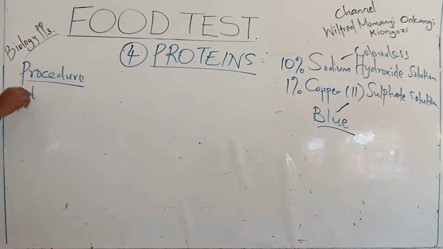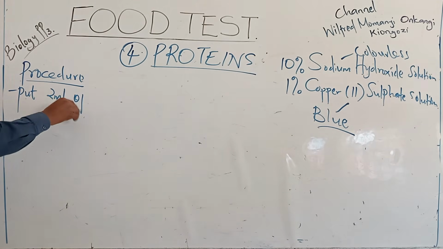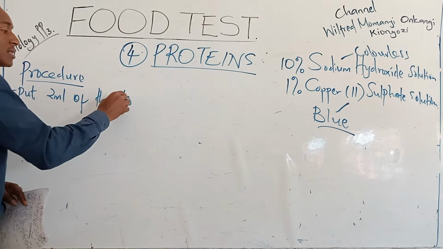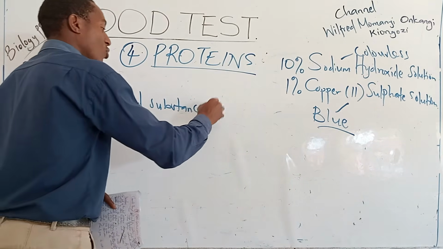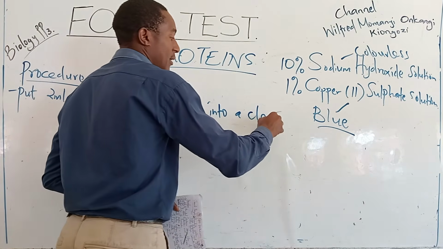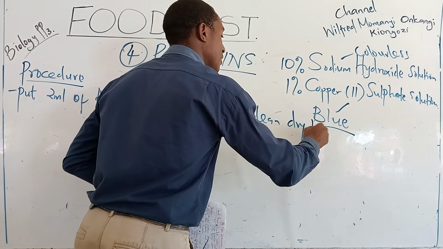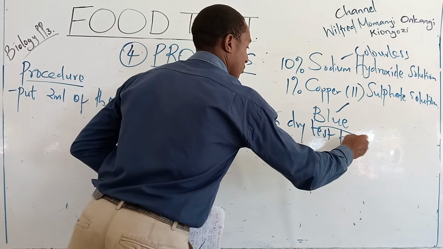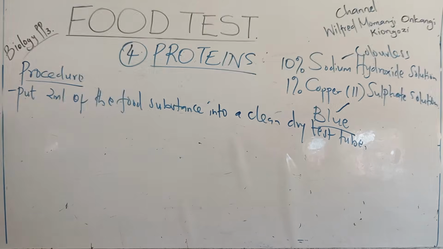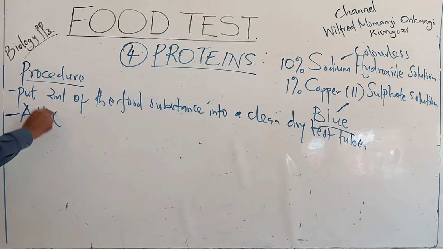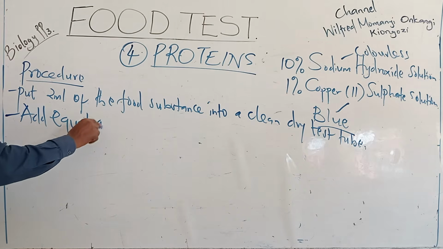Put 2 ml of the food substance into a clean, dry test tube. Then you must know the first reagent to use. Add equal amount.